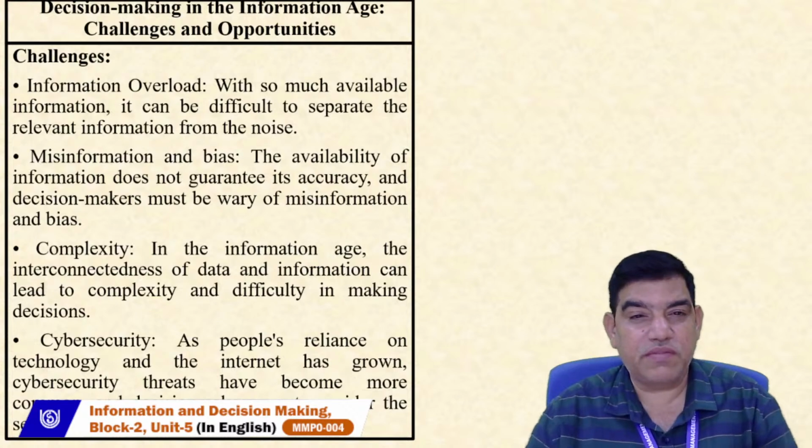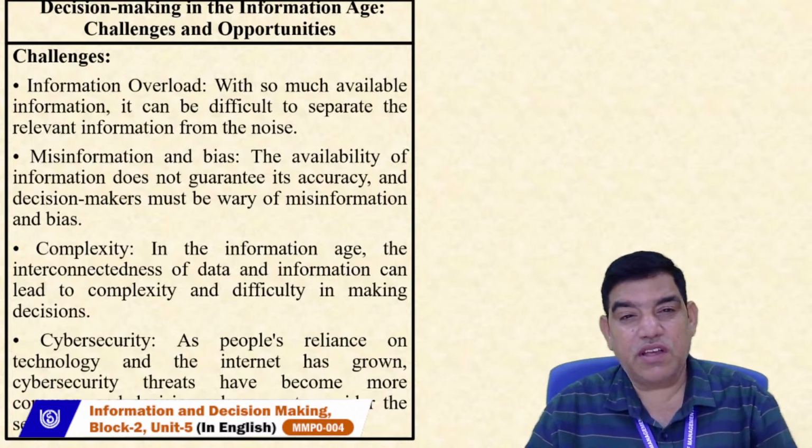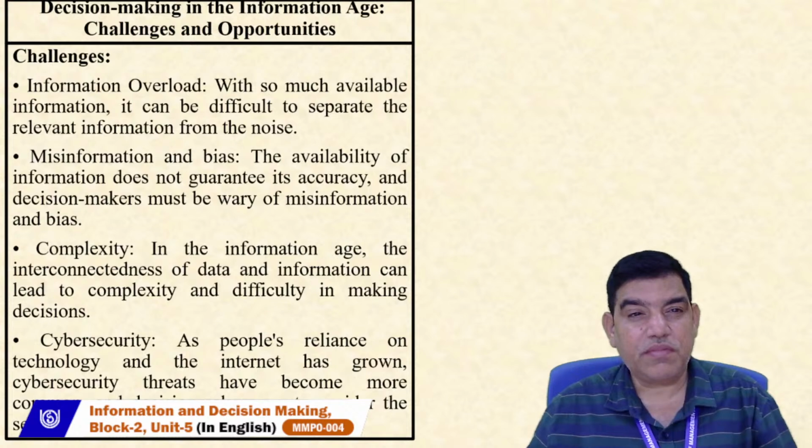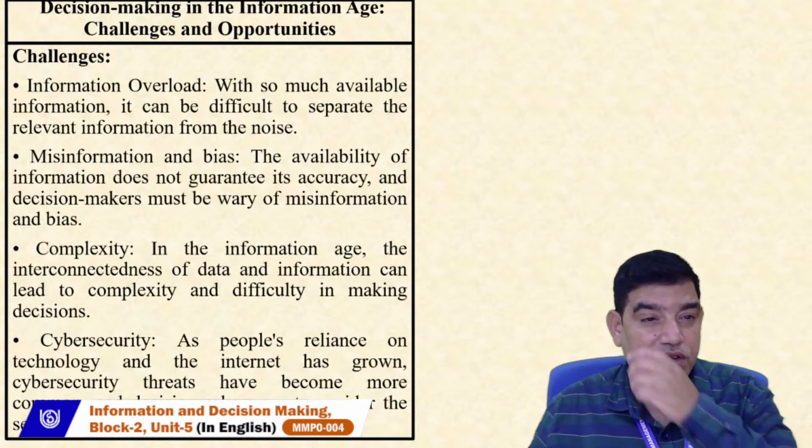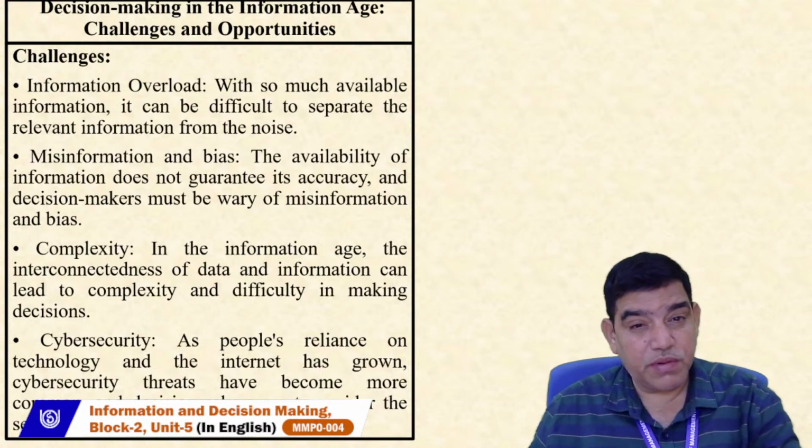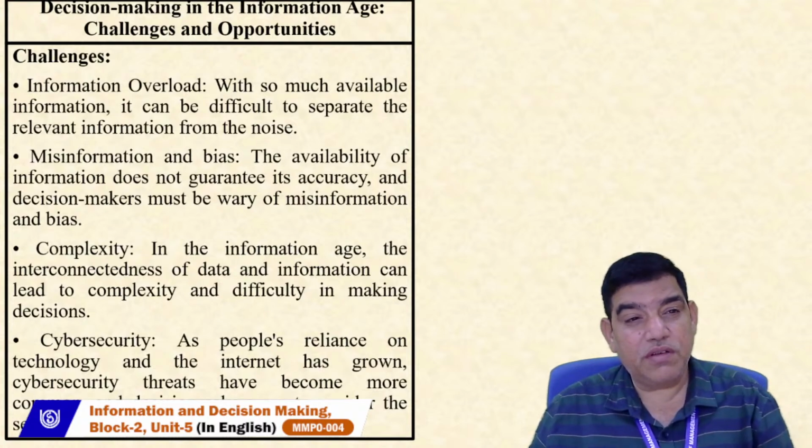Sometimes it happens that we do not collect real data, accurate data, and we have to process it. And we generate the reports, and the reports do not give a guarantee of accuracy, because decision makers must be worried about the bias.